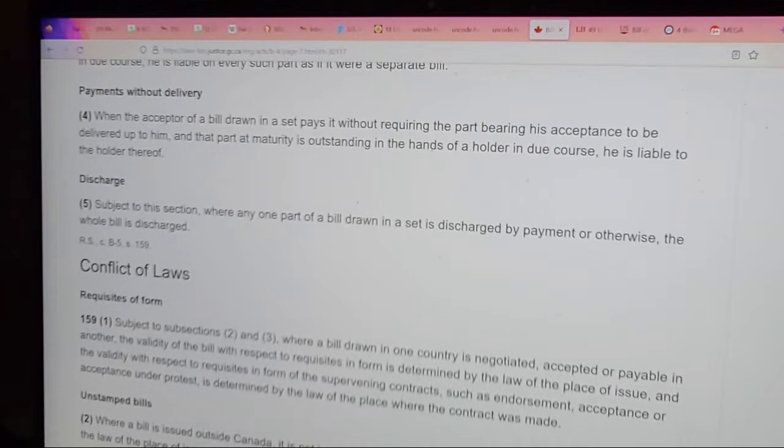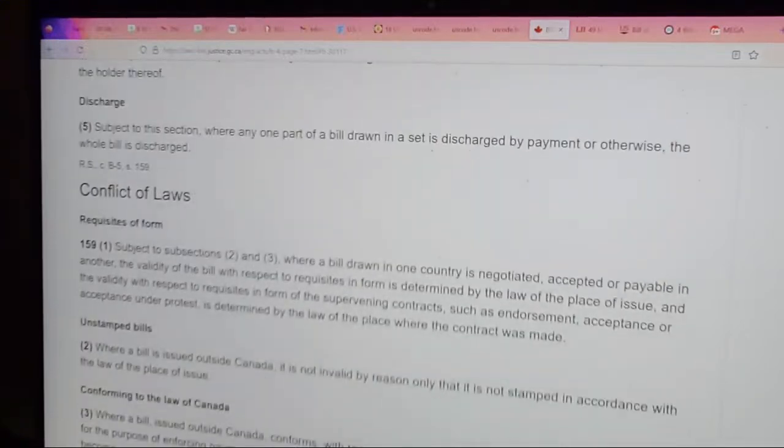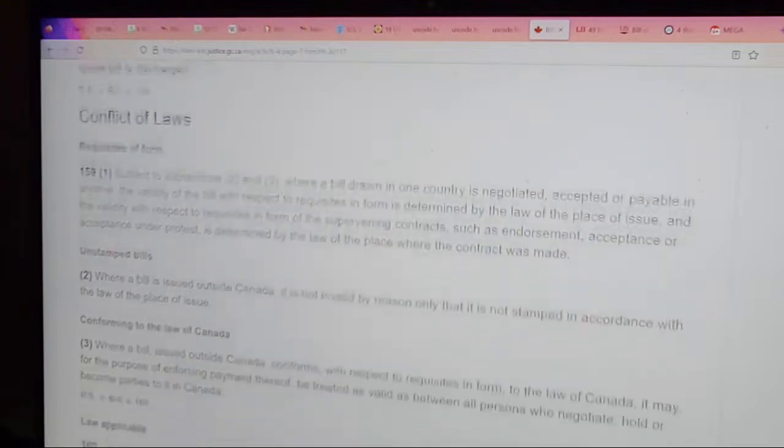When the acceptor of a bill drawn in a set pays it without requiring the part bearing his acceptance to be delivered up to him, and that part at maturity is outstanding in the hands of a holder in due course, he is liable to the holder thereof. Discharge. 5. Subject to this section, where any one part of a bill drawn in a set is discharged by payment or otherwise, the whole bill is discharged.